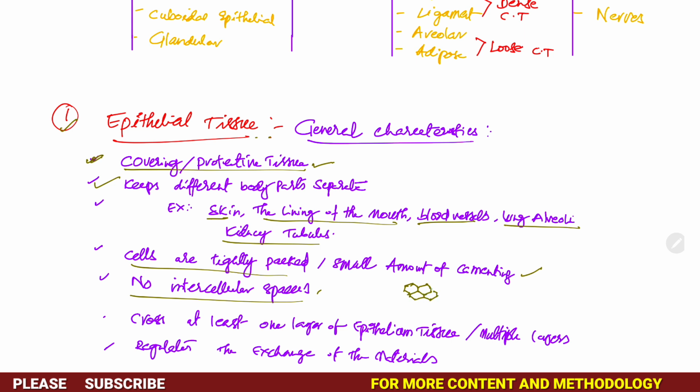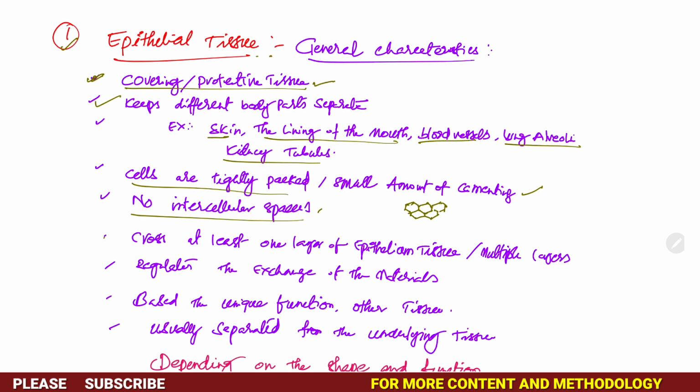These tissues may also be made up of multiple layers, with at least one layer of epithelial tissue, and it plays an important role in regulating the exchange of materials through the epithelium, from outside to inside and inside to outside.